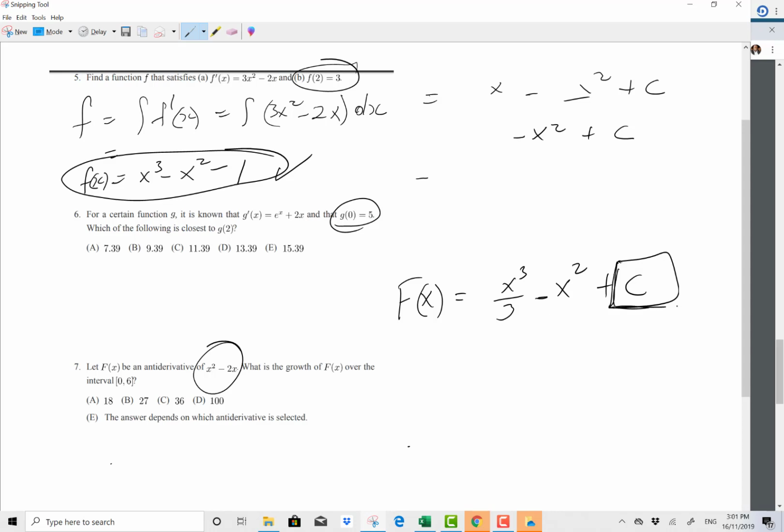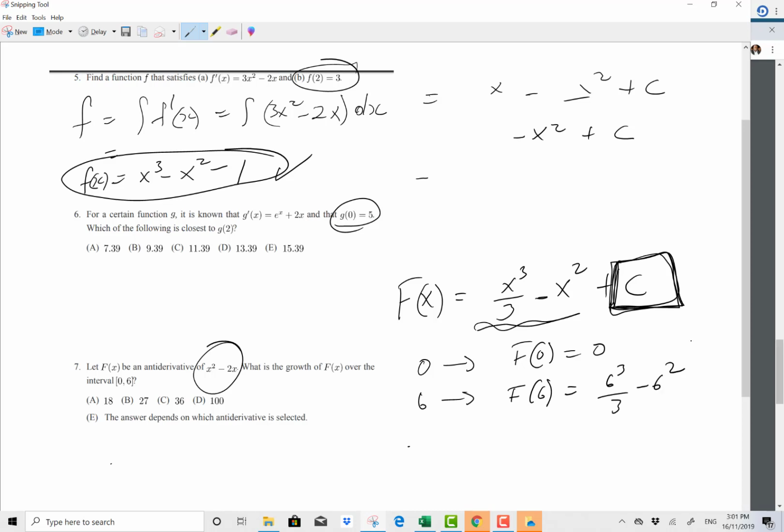So at this point, I know that this is going to be a fixed point, so it is not of much significance. What I'm going to do is focus on how much the function is growing. At 0, because it's over the closed interval, I know that f of 0 is going to be 0. And then f of 6 is simply going to be 6 cubed divided by 3 minus 6 squared.